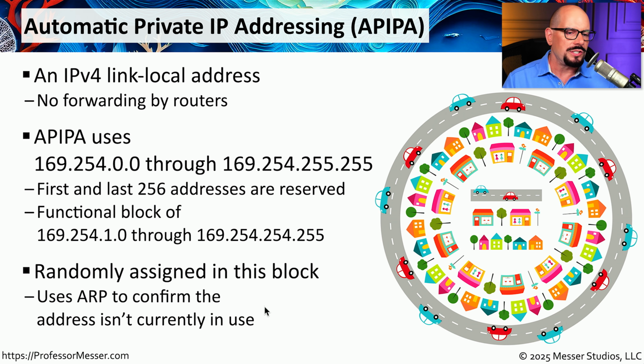For example, your device could randomly choose 169.254.77.77. So it will send an ARP request to your local subnet with a broadcast that says, does anybody else out there have 169.254.77.77? And if it does not receive a response, it assumes that that address is available to use, and it will automatically assign that IP address to your local machine.